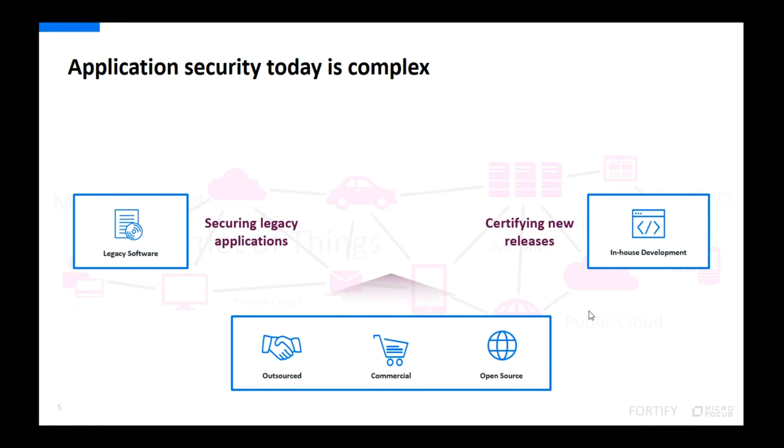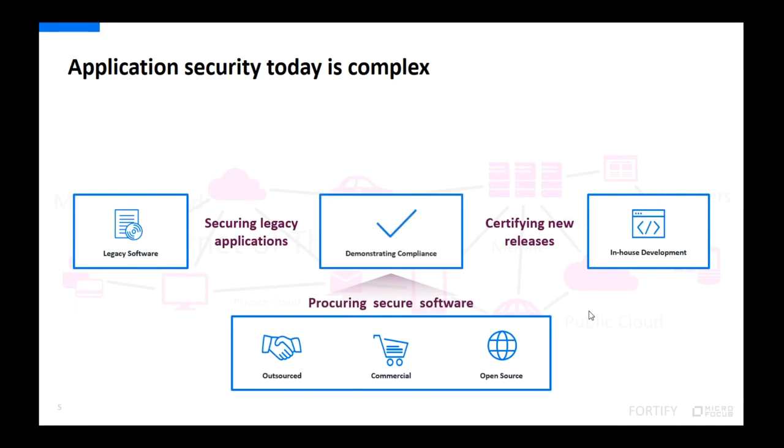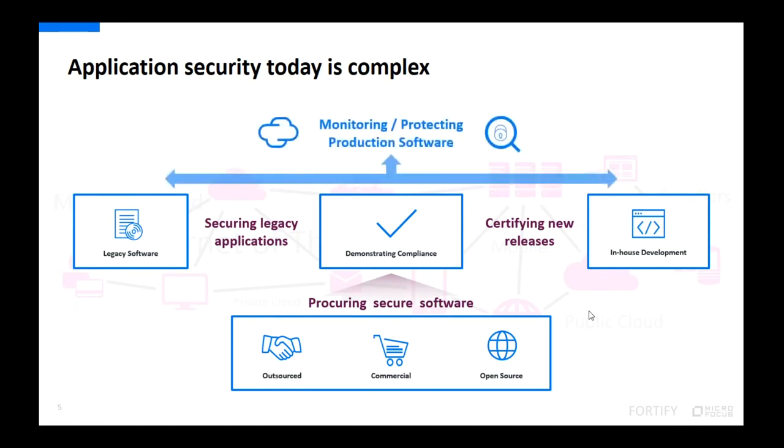So we have a mix and match of various components comprising our application environment. What is most important is to ensure that security is met and compliance is achieved. How do we achieve this? We need to have securely developed source code, and we need to protect the applications which are in production.